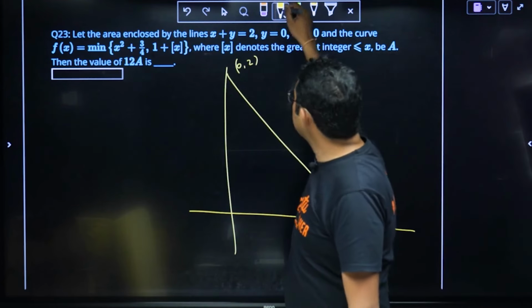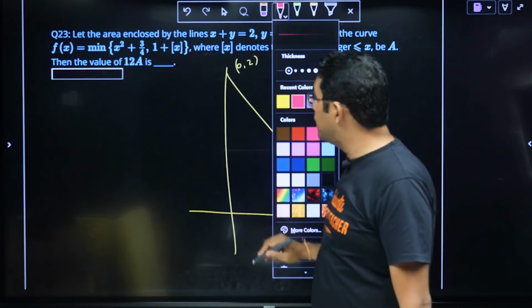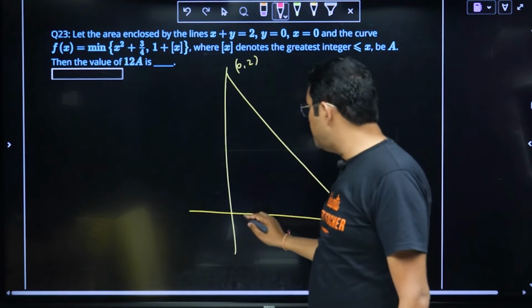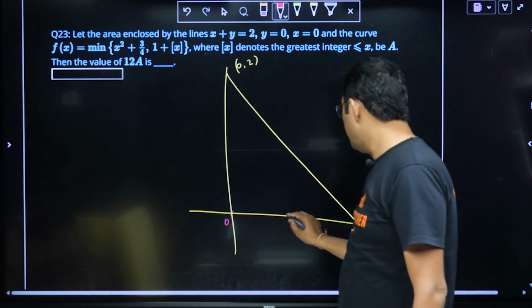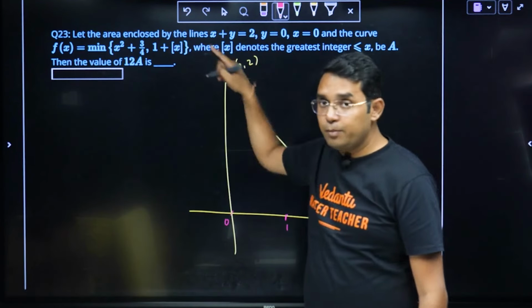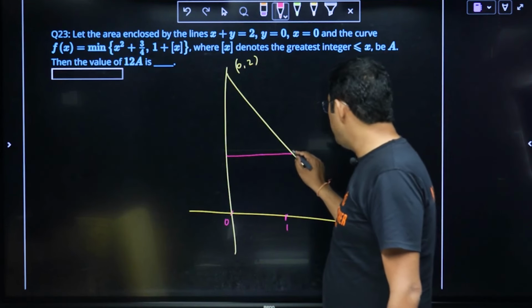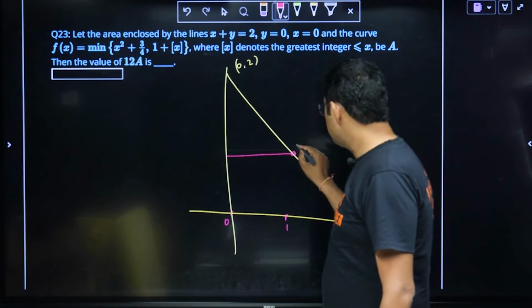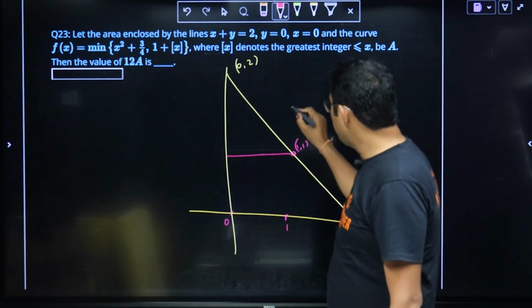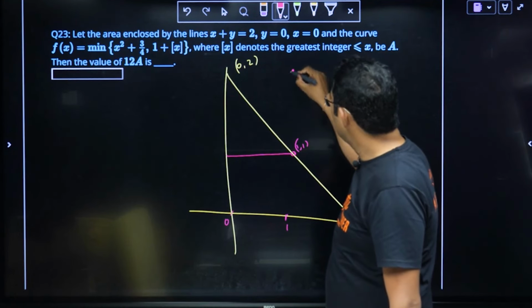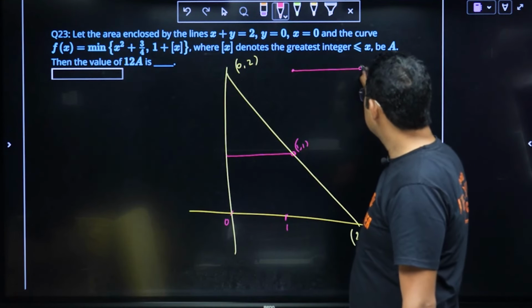Now let us draw first GIF x. So when x is from 0 to 1, this 1 plus GIF x will take value equal to 1. In fact, this will just meet this line here, which is the 1 comma 1 point. And after 1, it will be 2 and like this.